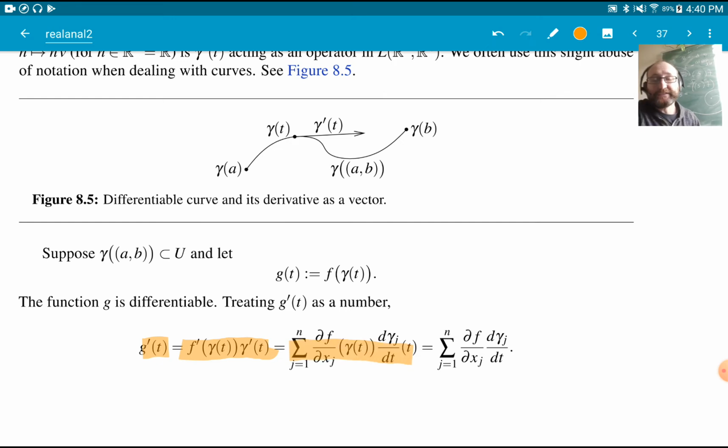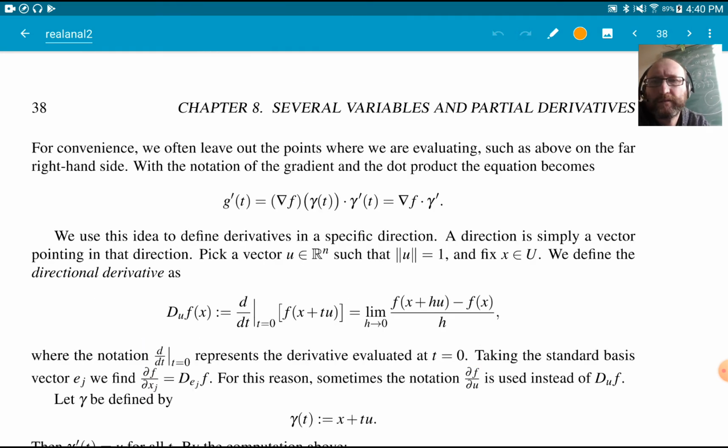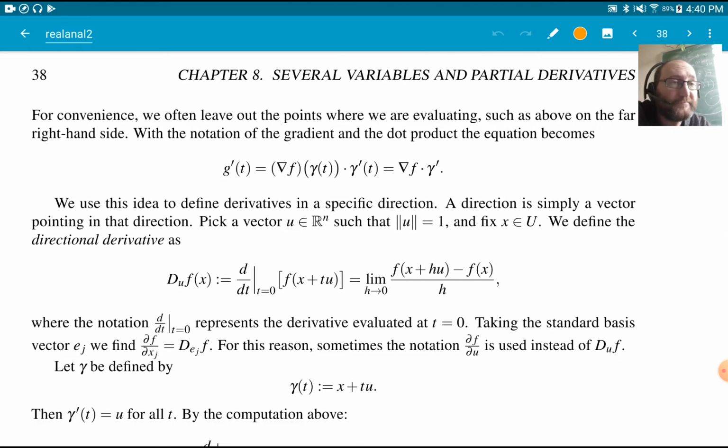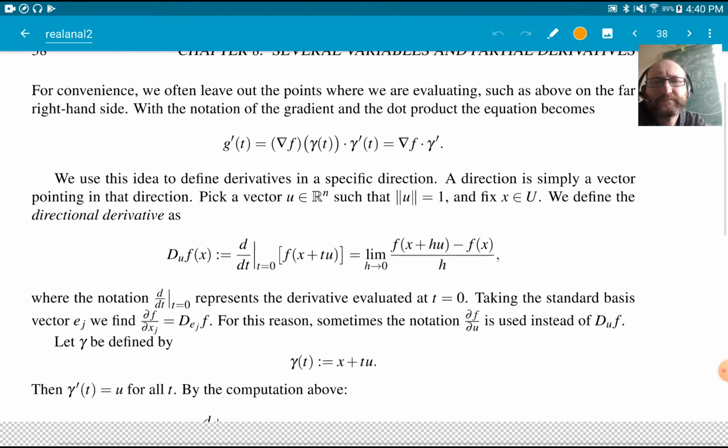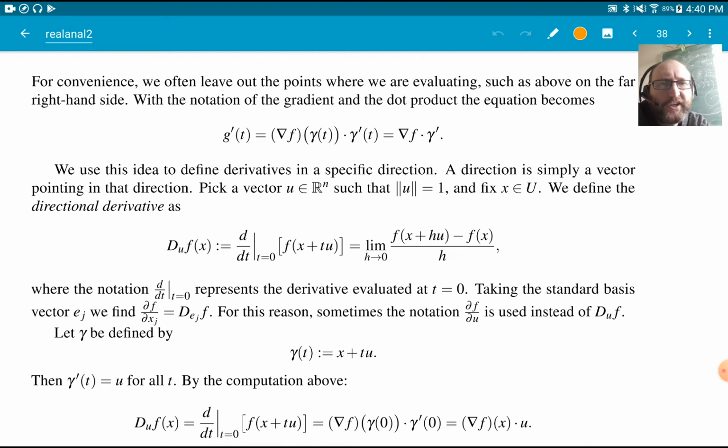It's this dot product over here, right? Or if you don't write down the points, it's this guy, and we often leave those out. Now, if I write that dot product in yet another way, with the points or without the points, it's the gradient dot gamma prime, right?